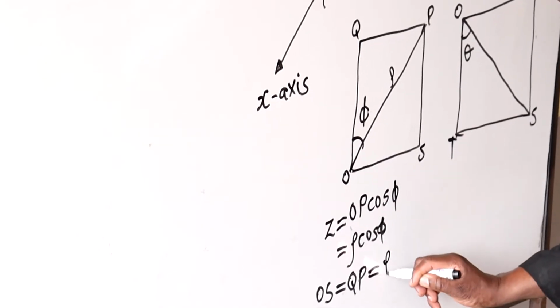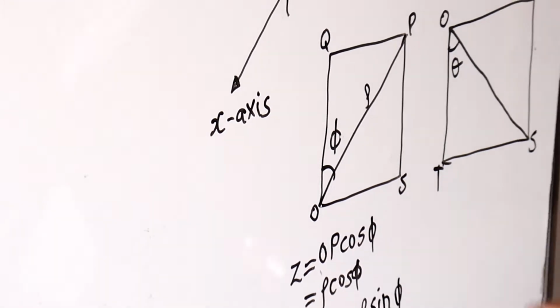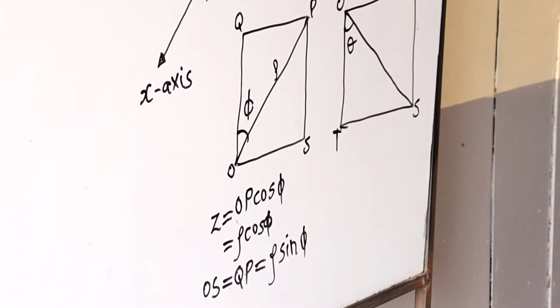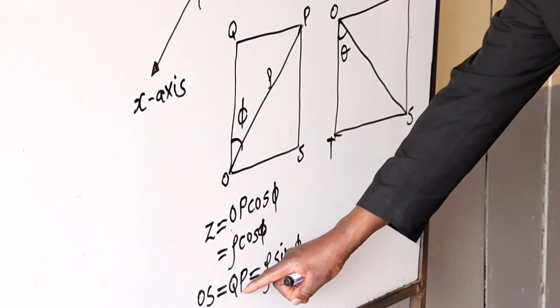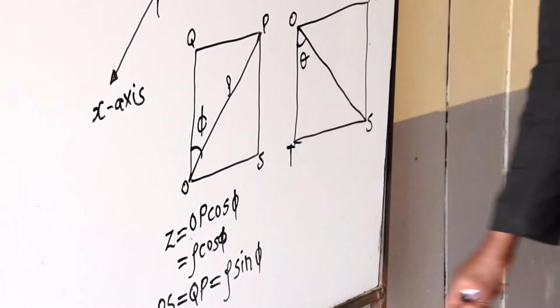So it will be rho sine phi. So OS, which equals QP, is rho sine phi.